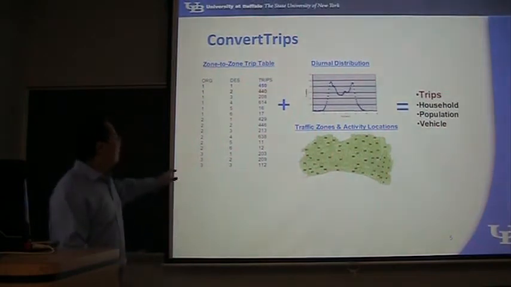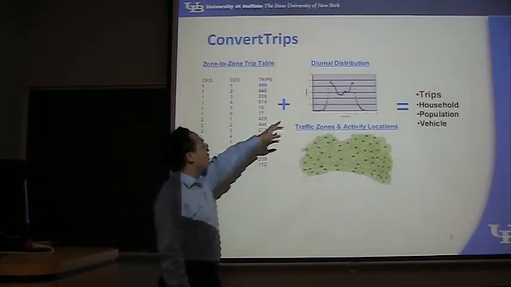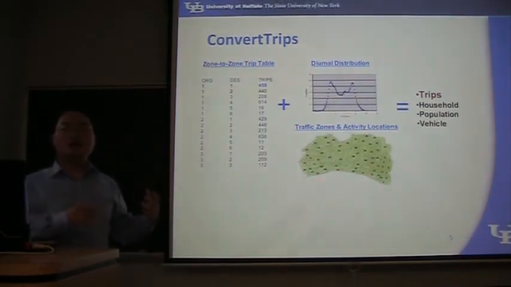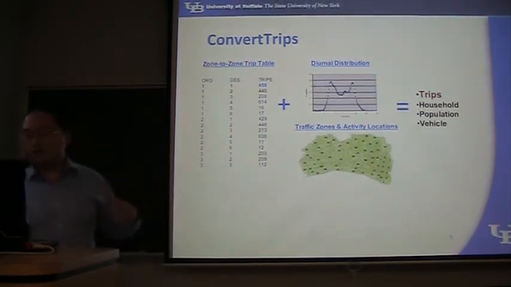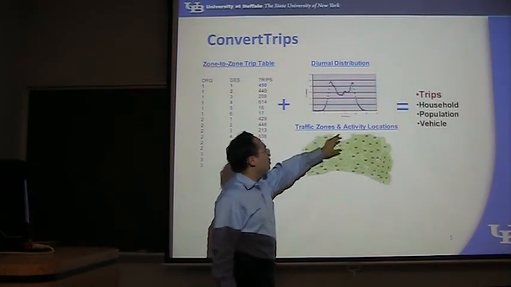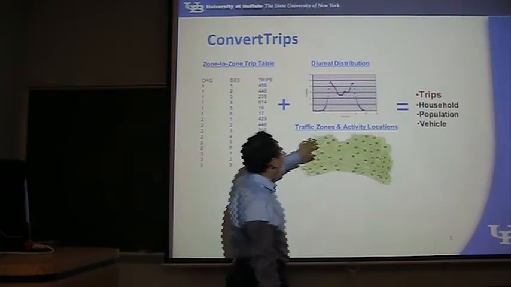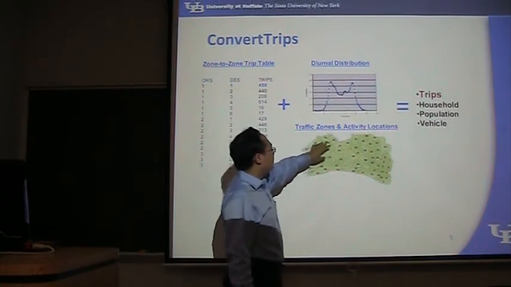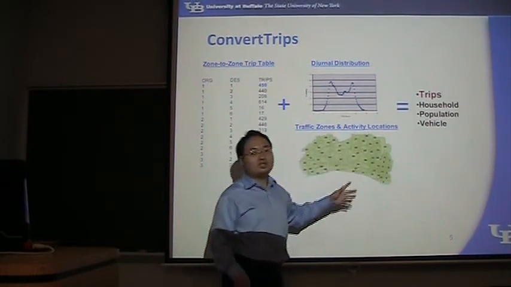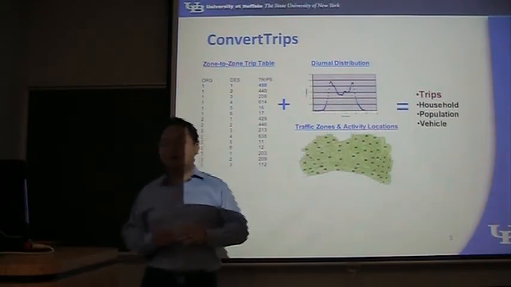Each OD matrix has a corresponding time distribution, which we call the trip time table in the homework. The third input is the activity location table. Activity locations have the information of traffic zones, so each activity location has a zone ID.